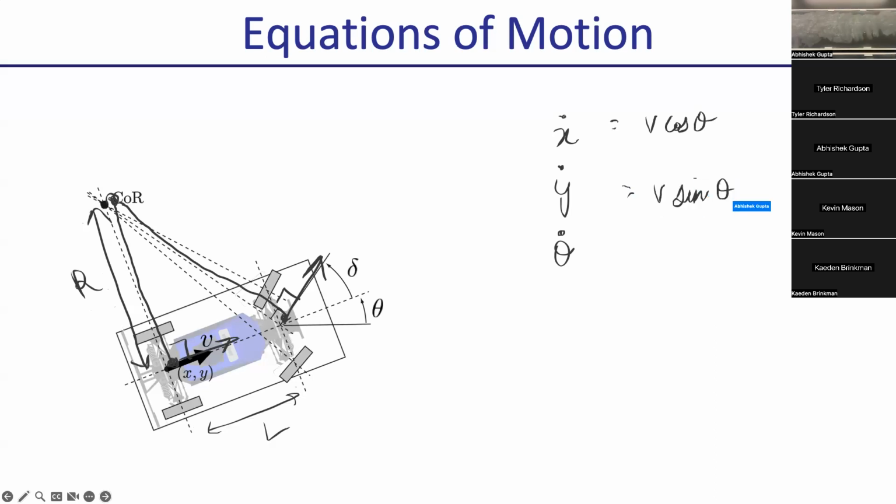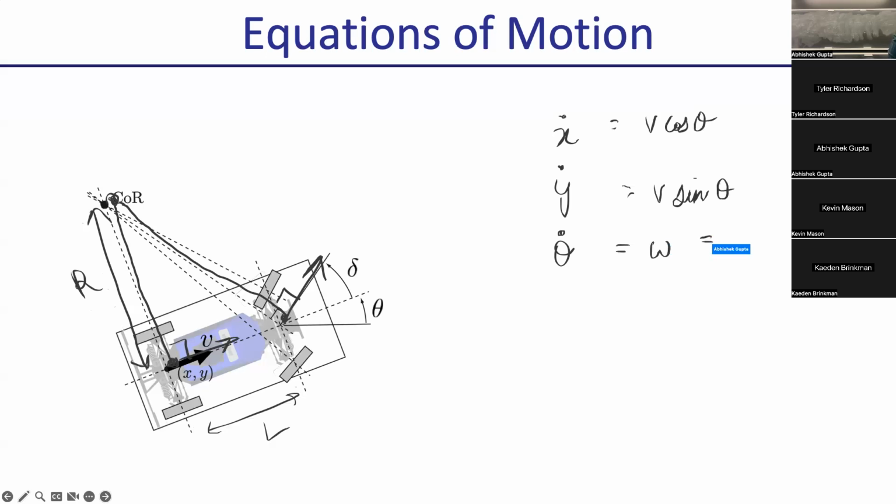And this one is a little trickier, because theta dot is the change in angle. So how would we figure out the change in angle? I'll help you out with this one. Theta dot is angular velocity, how much the angle is changing.